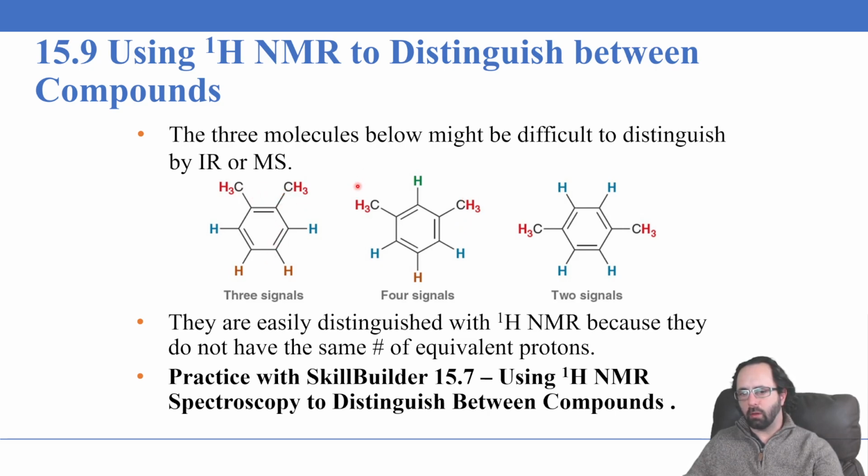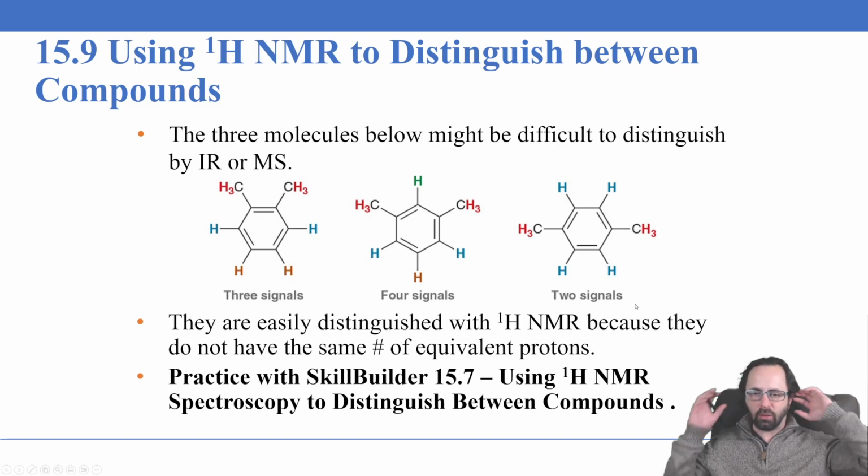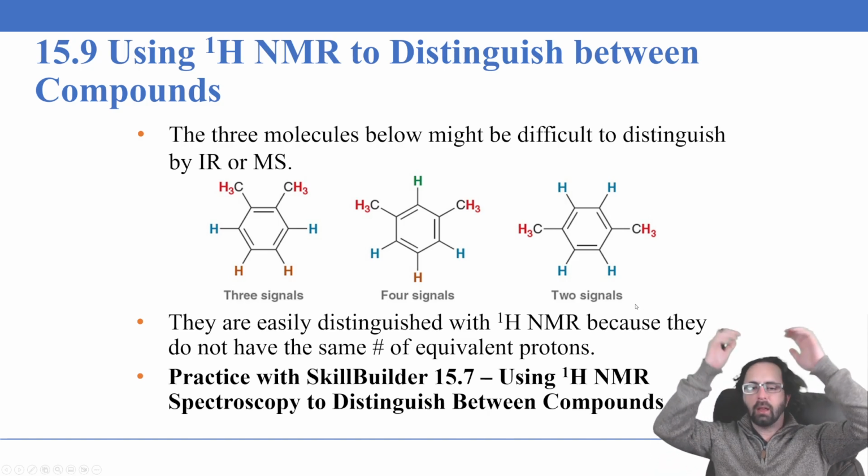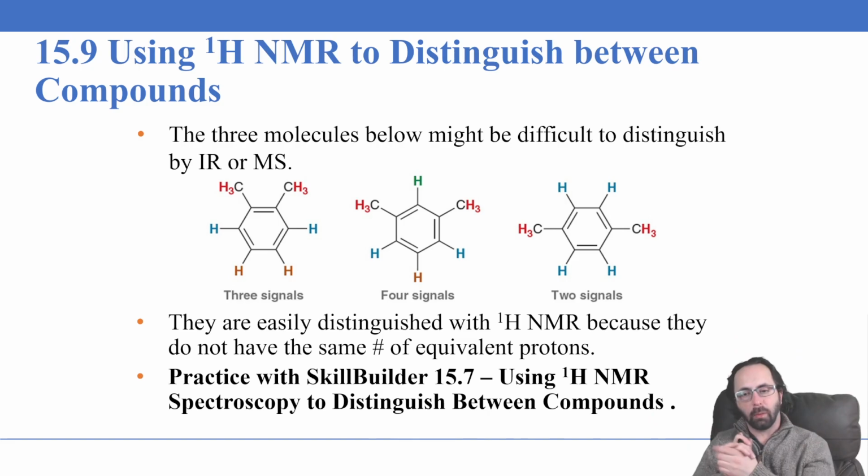We have orthotoluene. We have paratoluene. And these are all going to give similar fragmentation patterns in mass spec. And they're going to give essentially the same IR spectra, because they all have the same types of functional groups. But with NMR, we can easily tell the difference between these because they do not have the same number of equivalent protons.